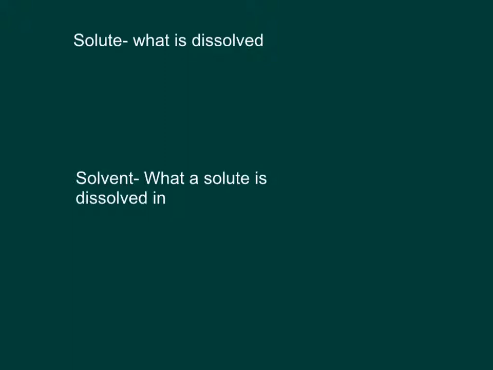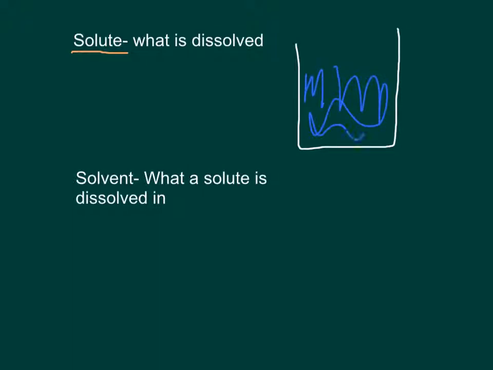Okay, a couple of other definitions. We have this term solute. So what is a solute? So let's say that we had, for example, a beaker, or a glass of water, and this is just some water in here, H2O, and I put some sugar in here. The sugar is going to dissolve in the water.